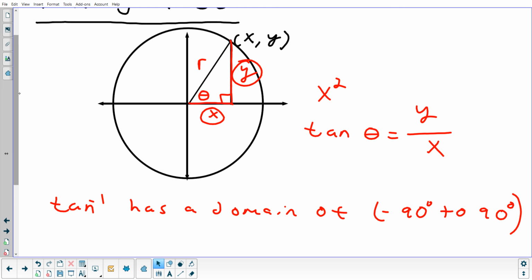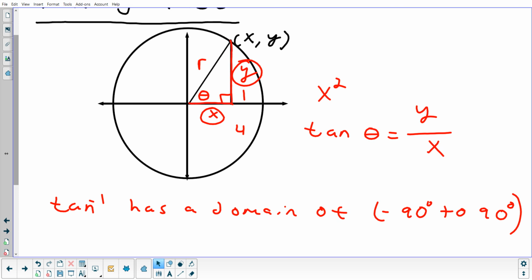Well, what quadrants does that mean this formula is always going to give you an answer in? Yep. 1 and 4. It's always going to give you an answer in quadrant 1 or 4.